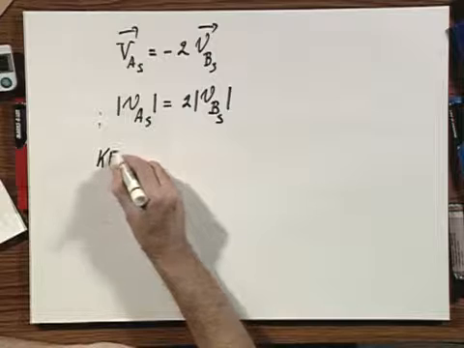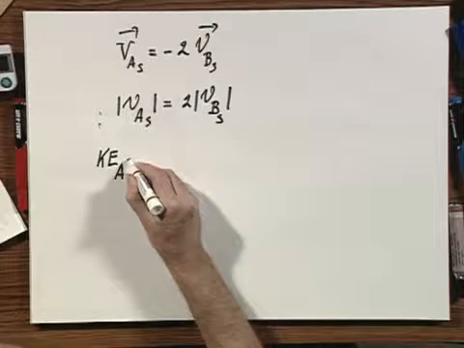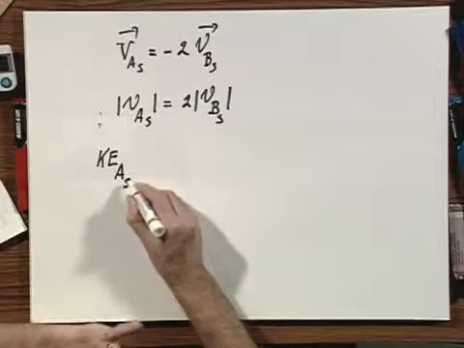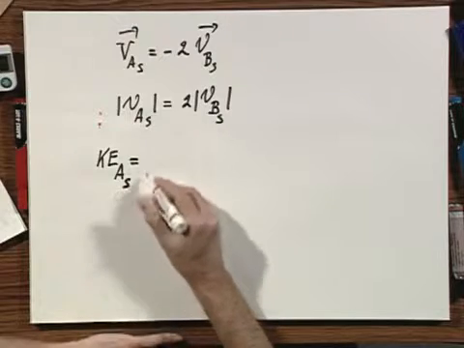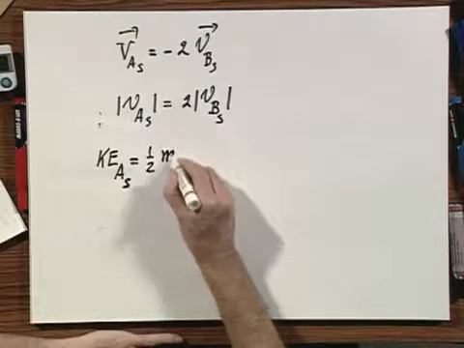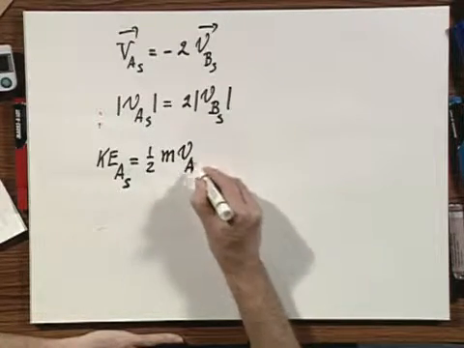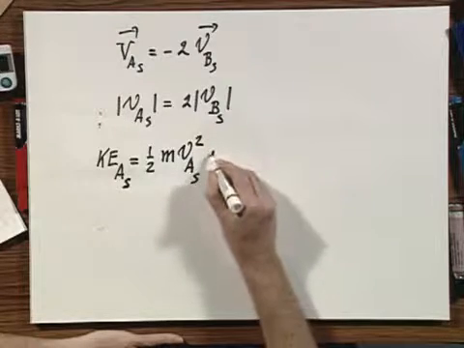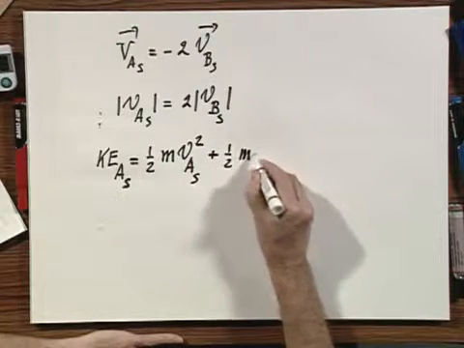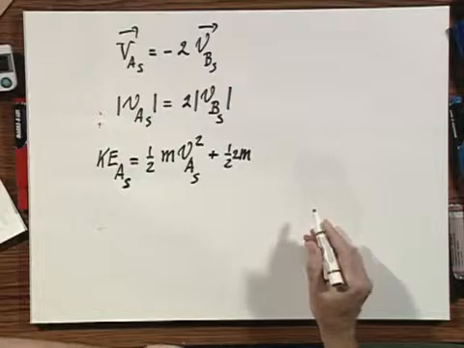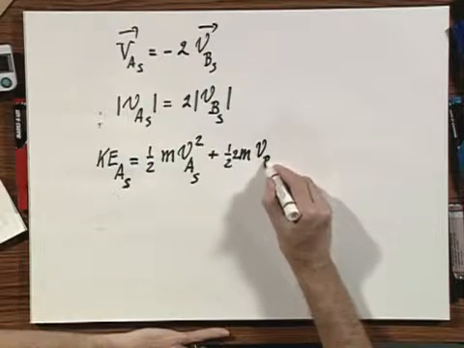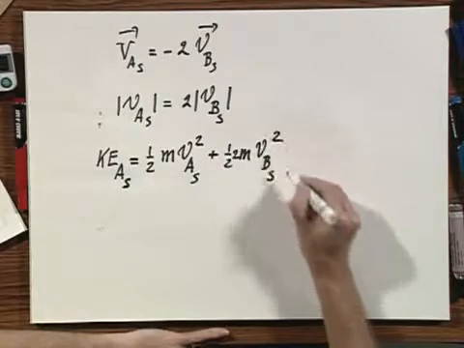So the kinetic energy in A, due to the spring alone, I put the S there, obnoxiously I will repeat the S all the time, equals 1/2 m VA squared due to the spring, plus 1/2 times 2m, because the mass of B is 2m, times VB due to the spring squared.